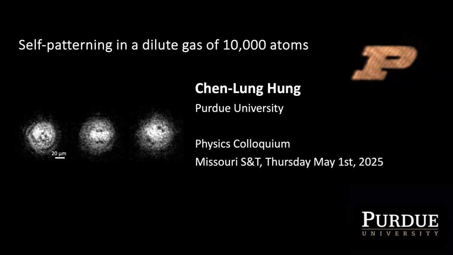So, we have the great pleasure to have here today Chen Lung Hung from Purdue University, Associate Professor at the Department of Physics at Purdue University, and he's an experimentalist in platform simulator. So let me say a few words about his academic steps. Chen Lung did his Bachelor of Physics in National Taiwan University.